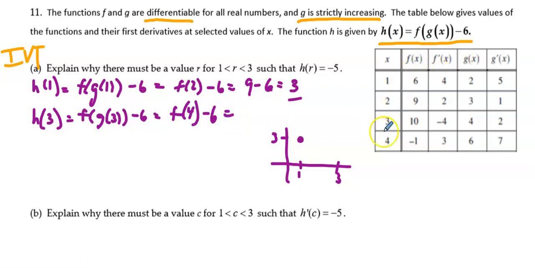And then f of 4 is negative 1. So negative 1 minus 6 is negative 7. So then I know that h of 3 is negative 7. So this absolutely makes sense. This is definitely IVT, because it's a differentiable function, so this function has to be continuous. Now I don't have to go straight to this line, but let's just do something like this.